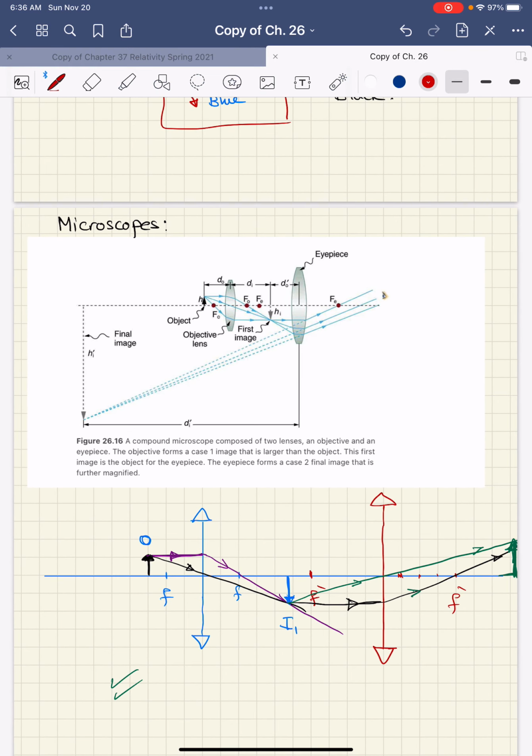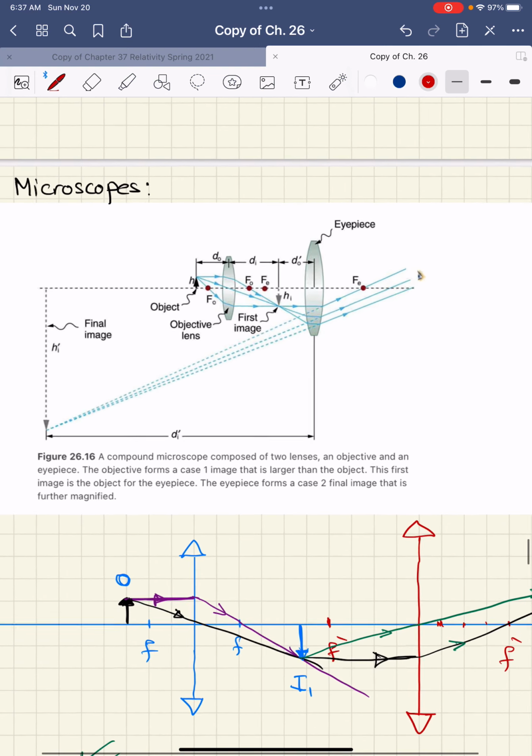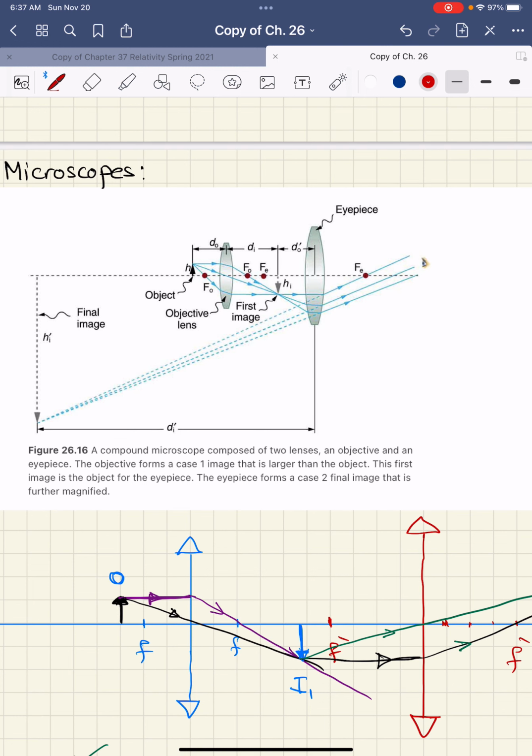Now, microscopes and telescopes are really working with double systems or composite systems, where we have two lenses. For the microscope, one of them we call the eyepiece, and the other one we call the objective lens.